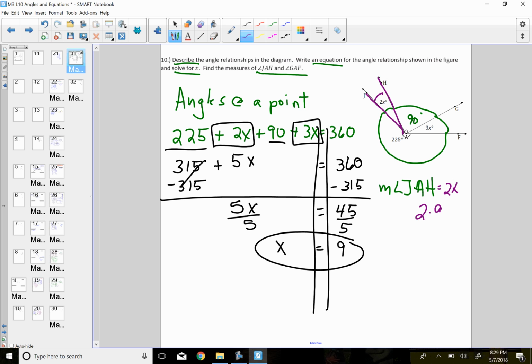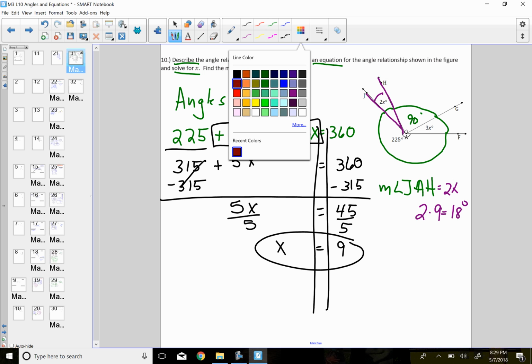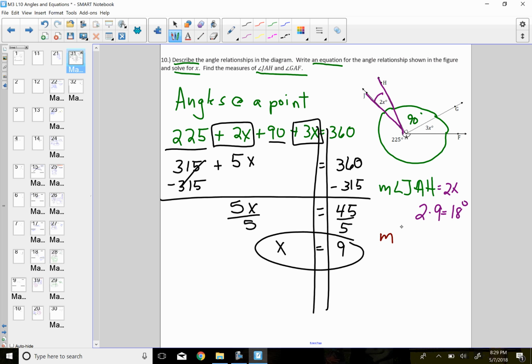So 2 times 9 makes that angle 18 degrees. And if we switch color, we'll go maroon here. Then we have to find the measure of angle GAF. Here's GAF, that's 3x. So that equals 3 times x. So 3 times 9, that angle is going to be 27 degrees.